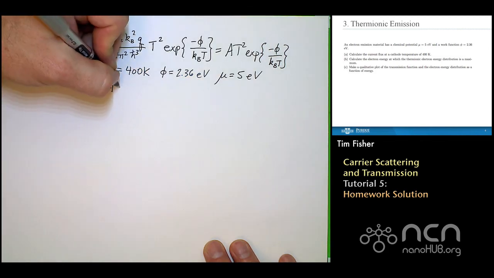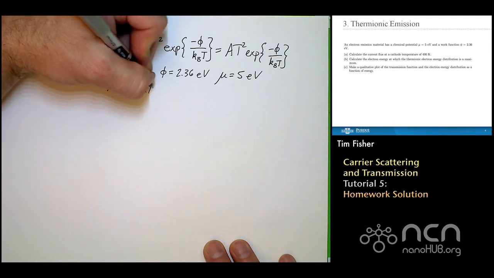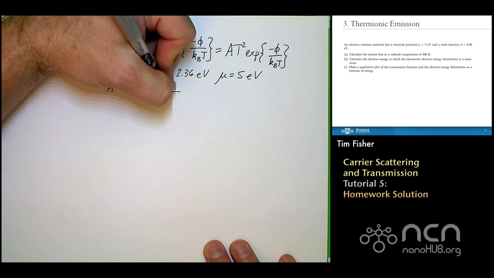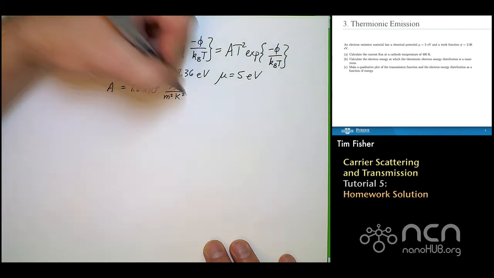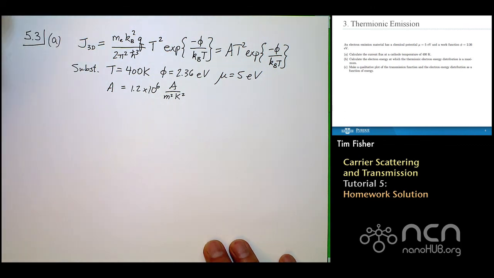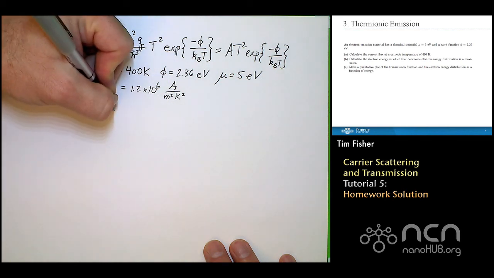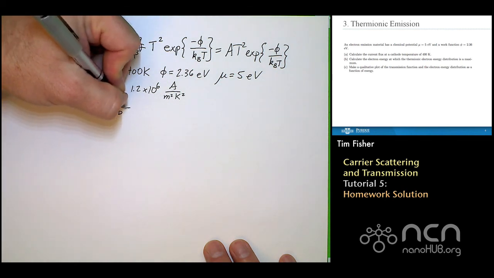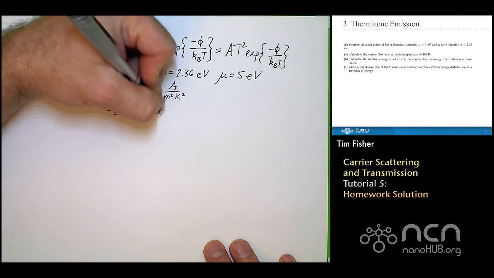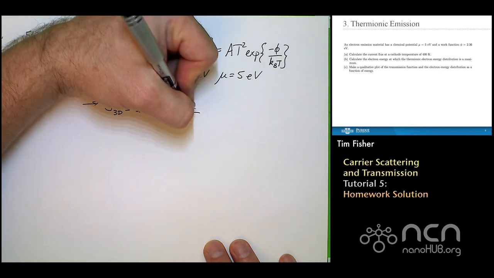Richardson's constant itself is 1.2 times 10 to the 6th amps per meter squared Kelvin squared. That Kelvin squared comes from the T squared in the equation. And we find, when we do all this substituting, that the current density for this problem is 3.87 times 10 to the minus 19th amps per meter squared.